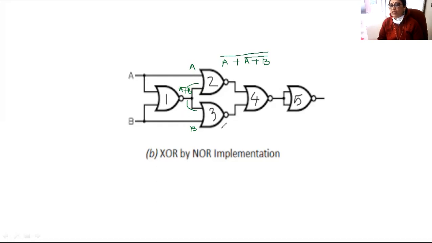Similarly, here you will get (B plus (A plus B) bar) whole bar. This is one of the inputs of gate number 4, and this is another input of gate number 4. Now, what will be the output of gate number 4?